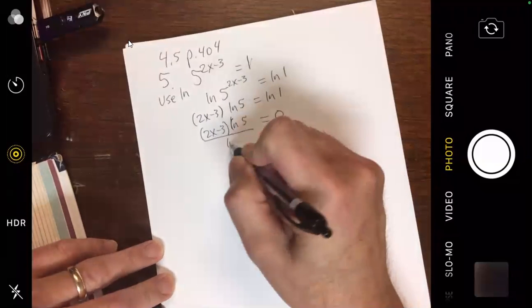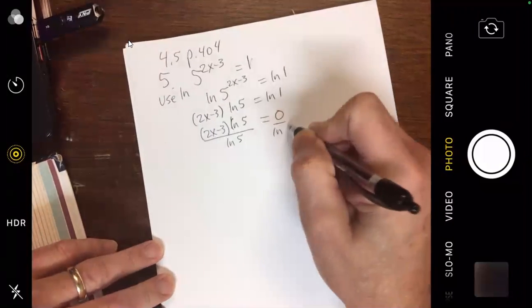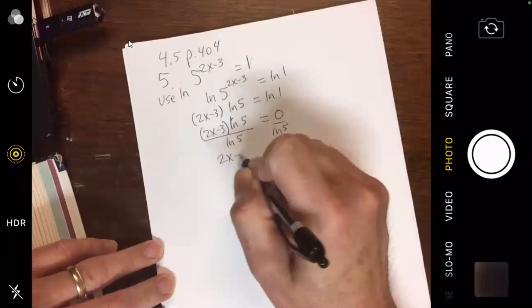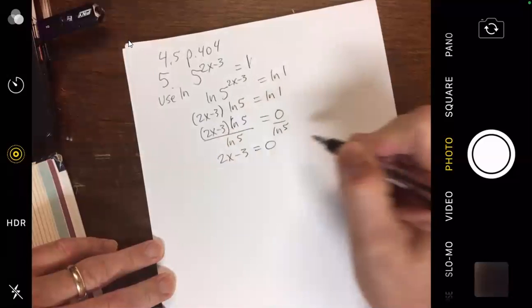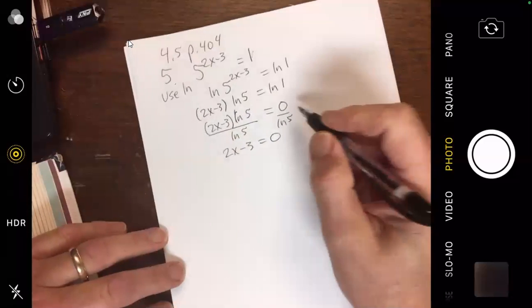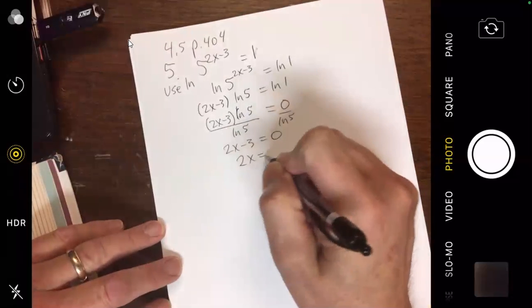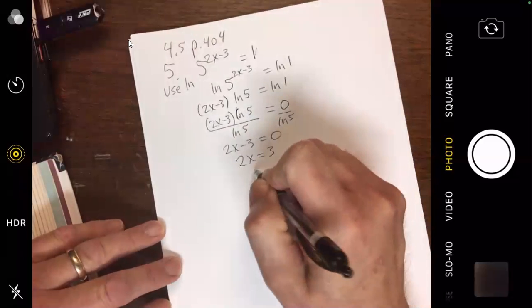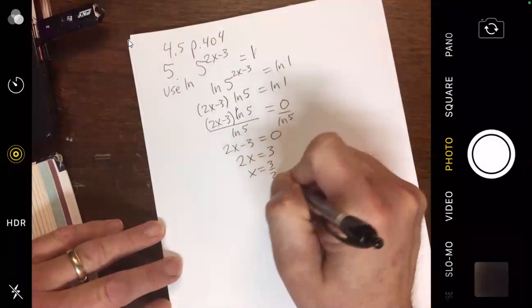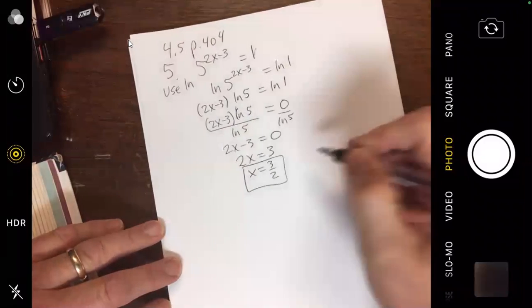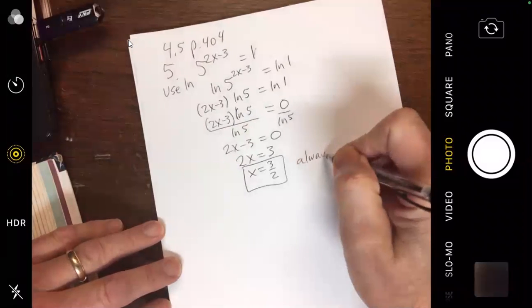I divide by ln of 5. That gives me 2x minus 3 equals 0. ln of 5 is just some nasty decimal, so 0 on top is going to stay 0, which means 2x equals 3, and x is 3/2. And this is always legal.